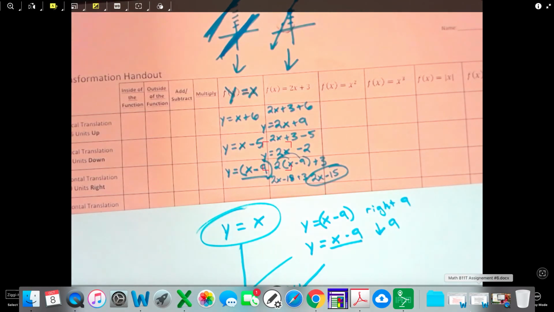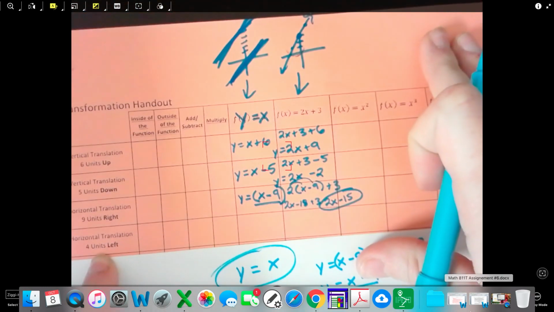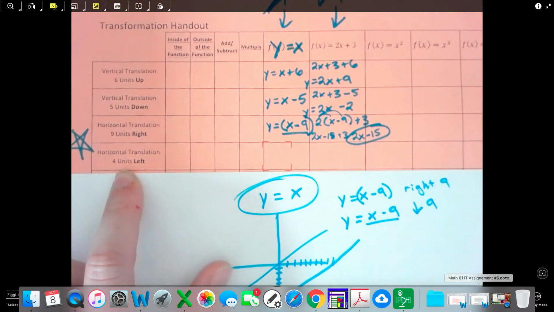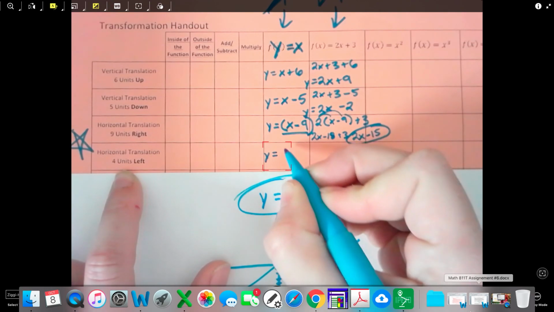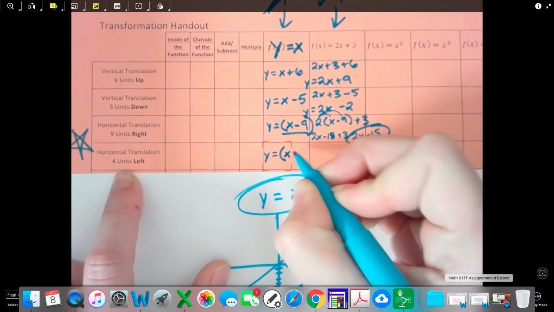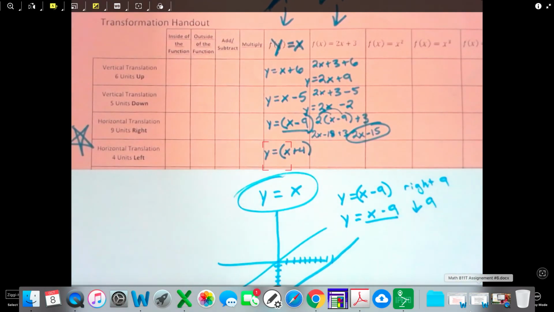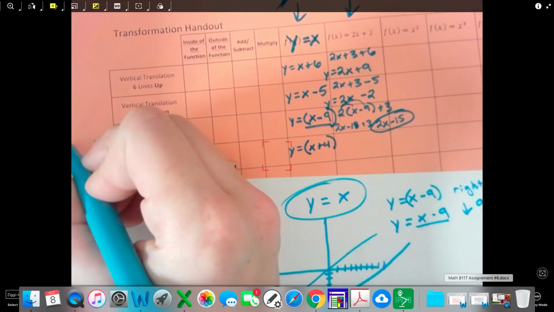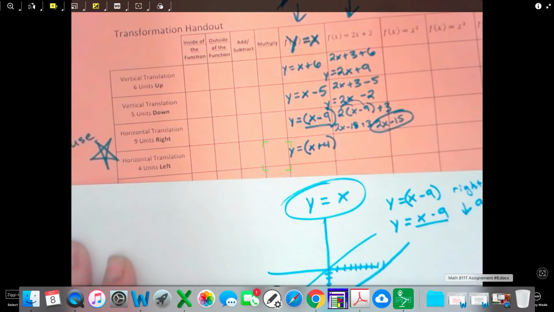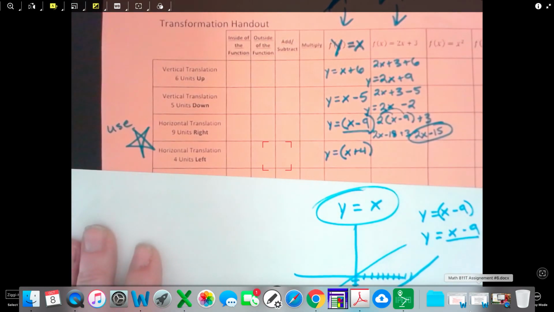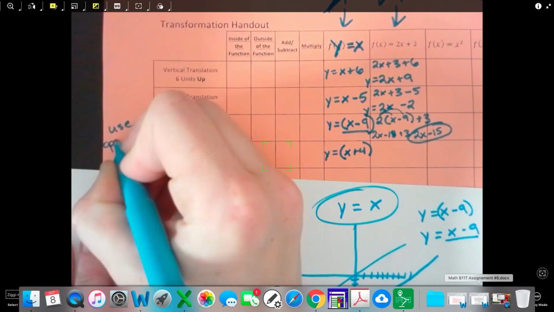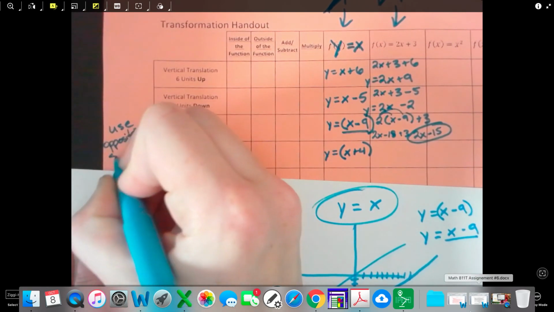Okay? Now, what will 4 units to the left look like? It's x plus 4, okay? When you're doing horizontal translations, the reason why I had you put a star over here is because you use the opposite sign.